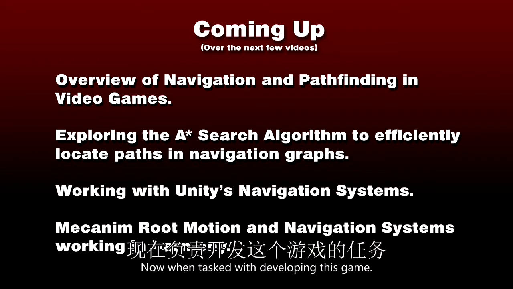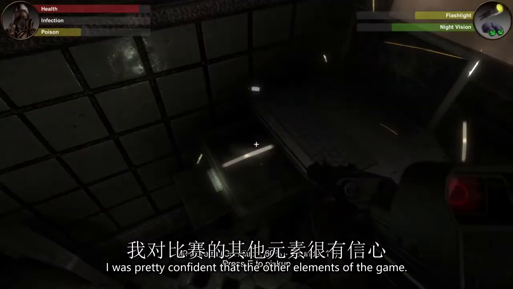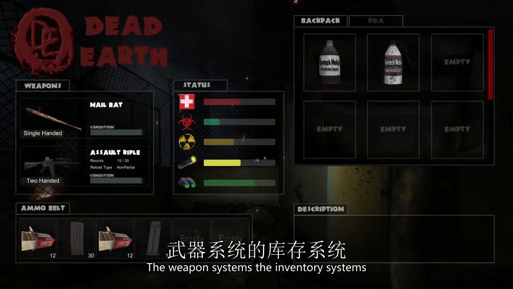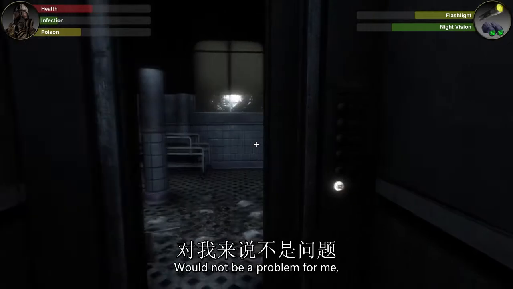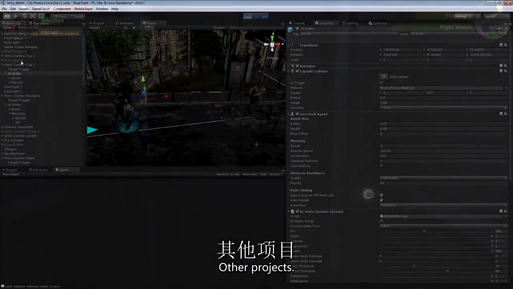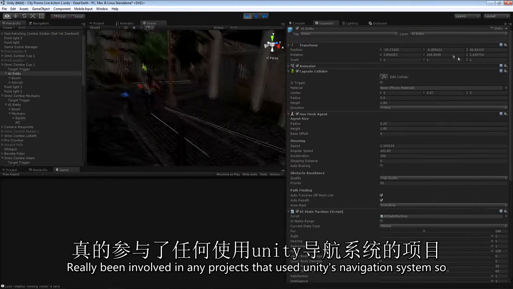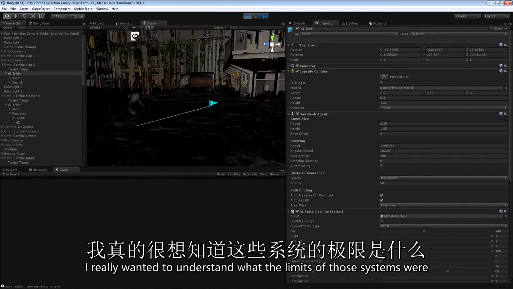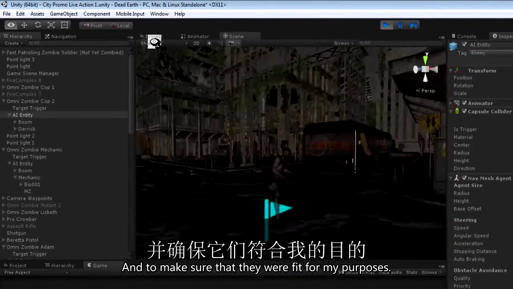When tasked with developing this game, I was pretty confident that the other elements of the game, things such as the first-person controller, the weapon systems, the inventory systems, and the various scripted sequences would not be a problem for me, as I have done many similar things in Unity already in other projects. However, I hadn't really been involved in any projects that used Unity's navigation system, so I really wanted to understand what the limits of those systems were and to make sure that they were fit for my purposes.